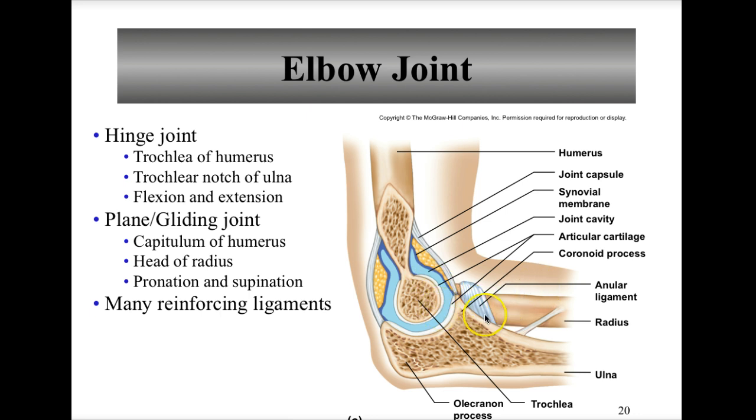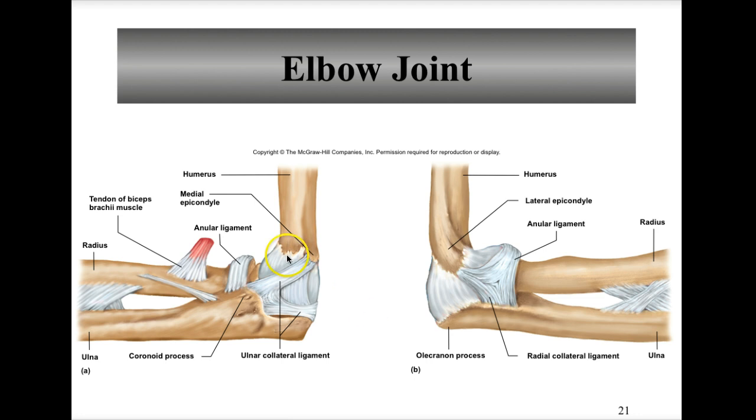You have the coronoid process right here. You have an annular ligament around the radius and the ulna, and your elbow there would be the olecranon process of the ulna, and here you have the trochlea. If you look again, you have the medial epicondyle and a lateral epicondyle.